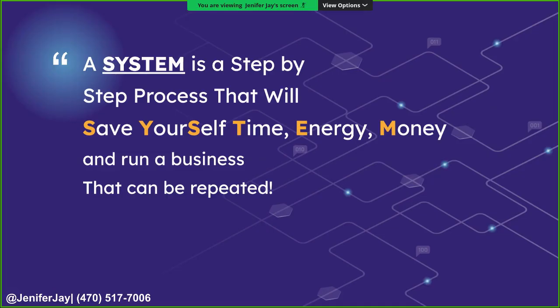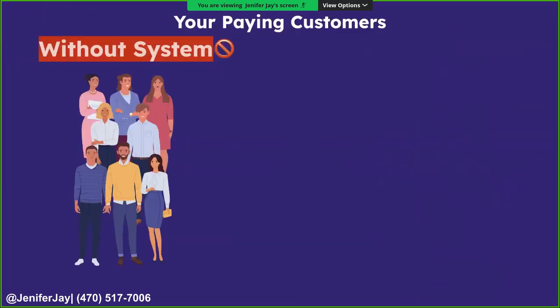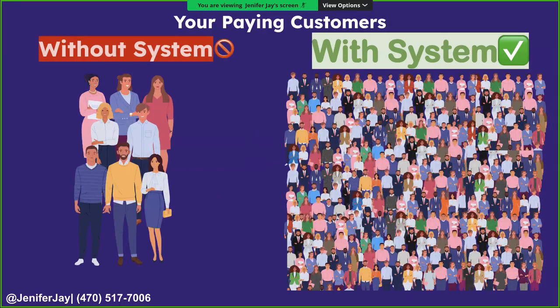Now, for those of you who are visual, this is what it looks like while you are operating as a solopreneur. You have a capacity problem. You can only handle what you can physically manage, right? But when you have a system, you're able to manage many people and many businesses, many customers, right?